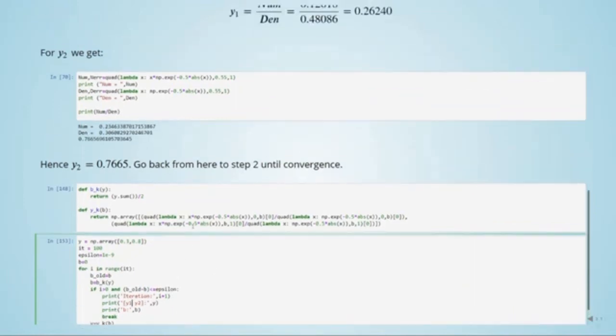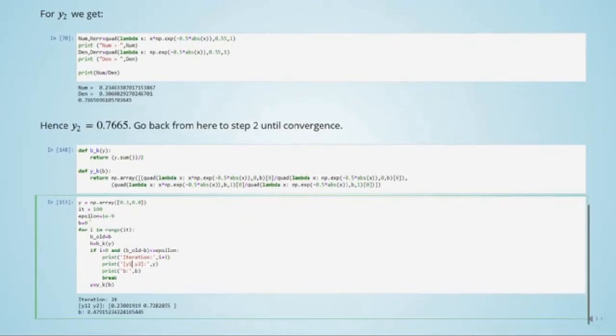So we have now the iteration loop, and we have that after 28 iterations there is no significant change, so the changes are smaller than the epsilon, and we have that y1 converges to 0.23 and y2 converges to 0.72, and b is equal to 0.47.